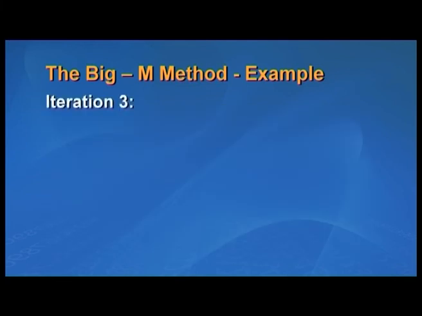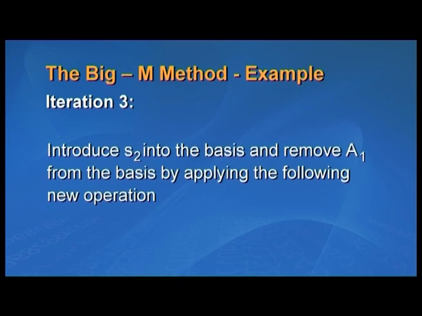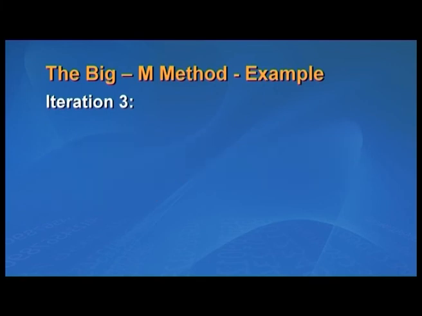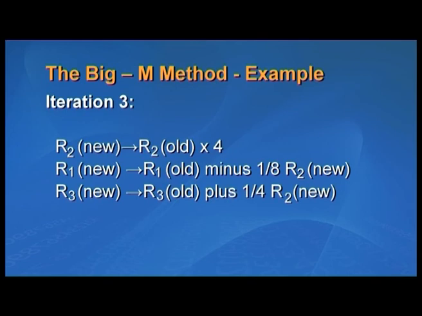Iteration 3. Introduce S2 into the basis and remove A1 from the basis by applying the following row operations. R2 new is given by R2 old into 4. R1 new is given by R1 old minus 1 by 8 R2 new.